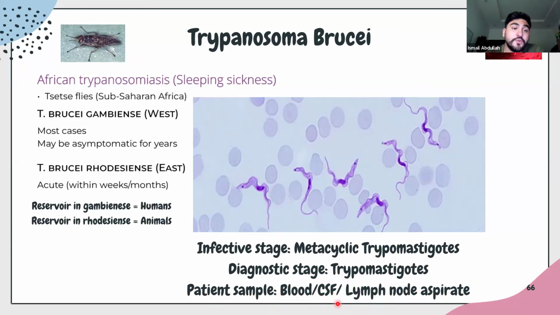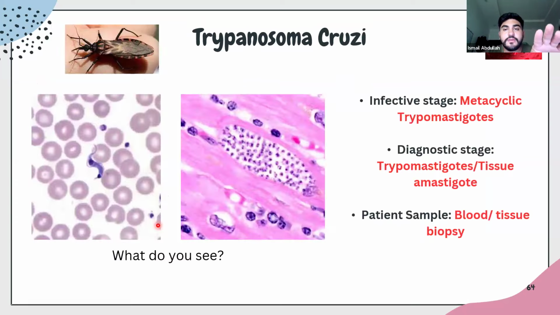Another question that might show up as an MCQ, I believe, would be what is the reservoir for gambiense? It would be humans. But for the other one, it's going to be animals. So, Trypanosoma, we have two, cruzi and brucei. Cruzi, as we mentioned here, will have amastigotes within the infected tissue.